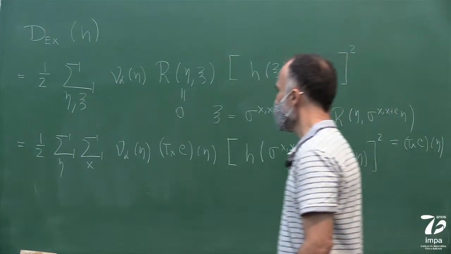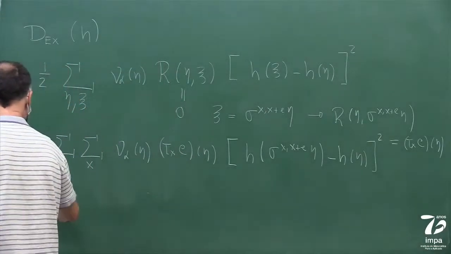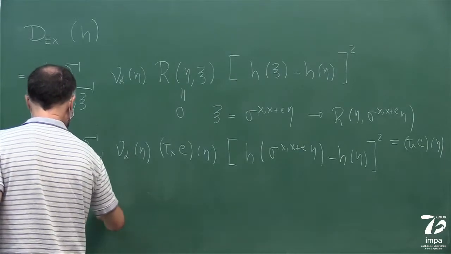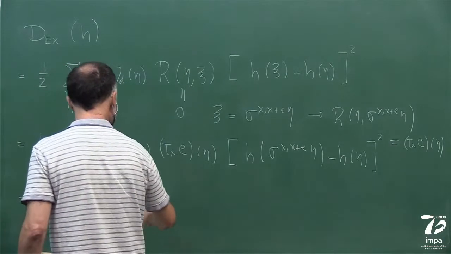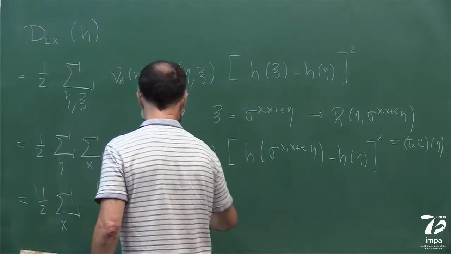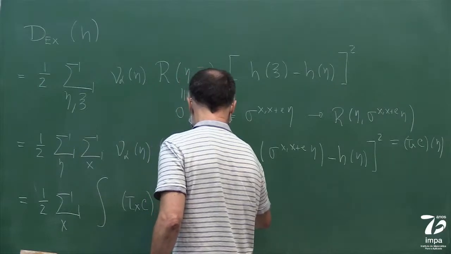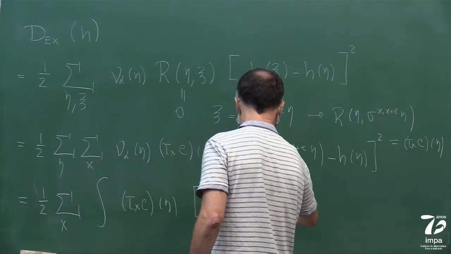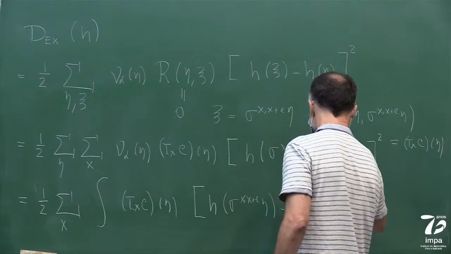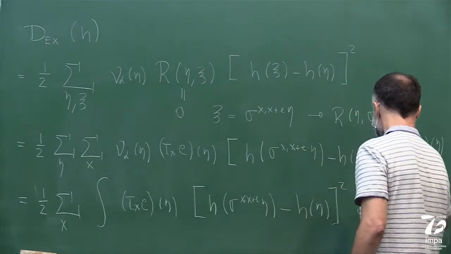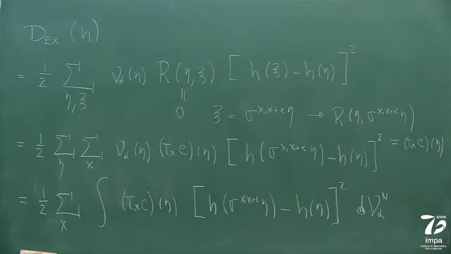Okay? And so we have a formula which is 1 over 2 sum over x, and here an integral of tau x c of eta times h of sigma x, x plus e of eta minus h of eta. This is squared, and this is integrated with respect to nu alpha. Okay, so this is the formula for the Dirichlet form in the case of the exclusion.